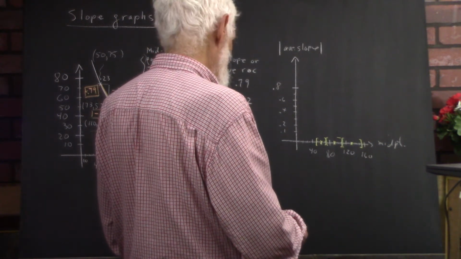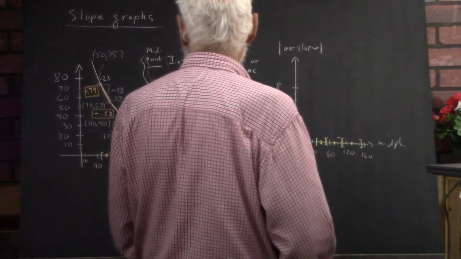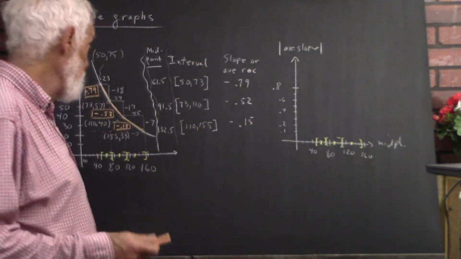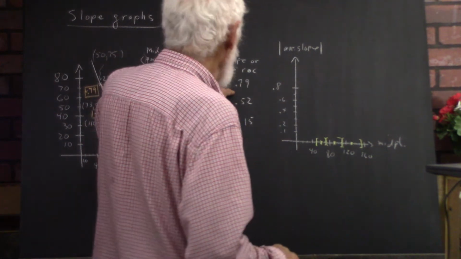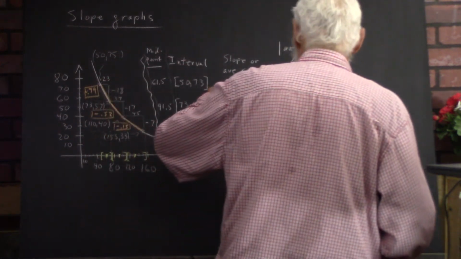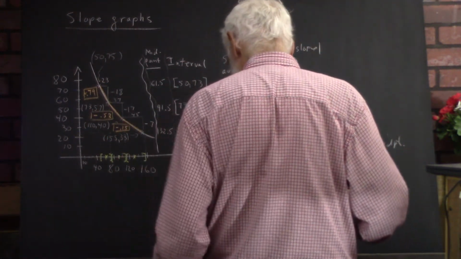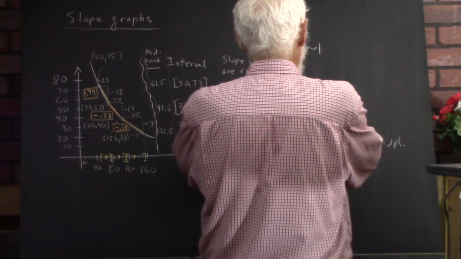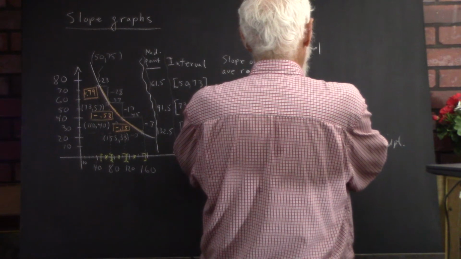And now I go ahead and plot my slopes, and I'll use the orange chalk to be consistent with this. But my slope, magnitude of the average slope on this interval, is 0.79.